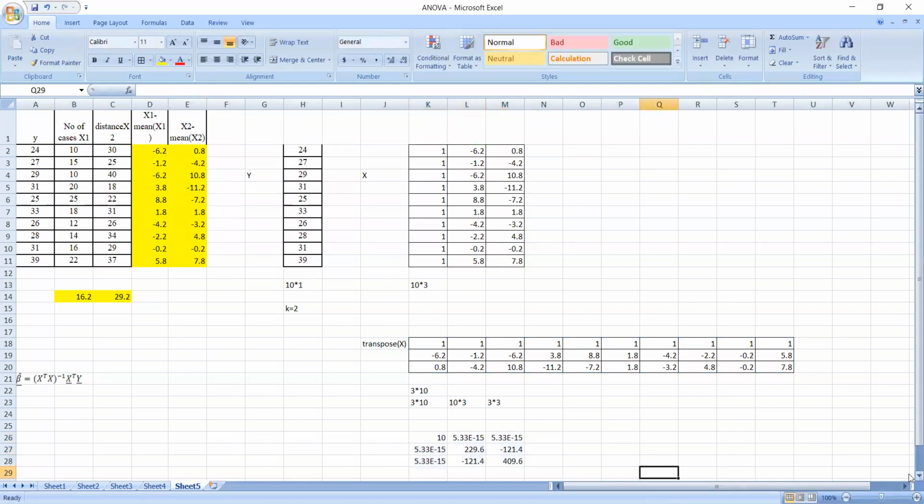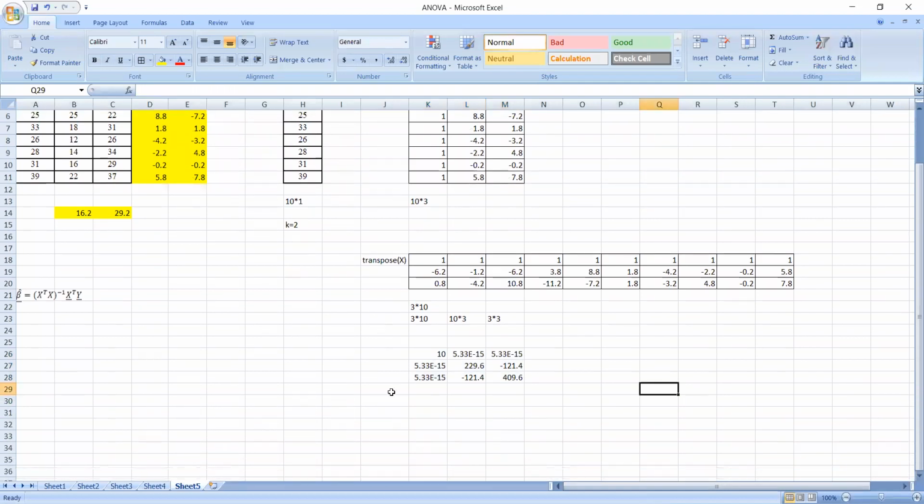Then we have this X transpose X matrix. But here we have to calculate X transpose X inverse, that is, we have to take the inverse of this. This is a 3 into 3 matrix. We know when you calculate the inverse of a given matrix, you get the same dimensions, so again we will get a 3 into 3 matrix.